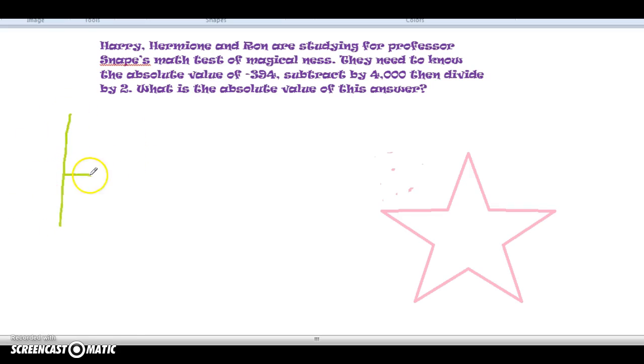To find the absolute value, you need to have a number line like this. Let's say negative 394 is right here. Okay, 0 is here. To find the absolute value, we need to say how many spots, how many numbers it is from 0 on the number line.